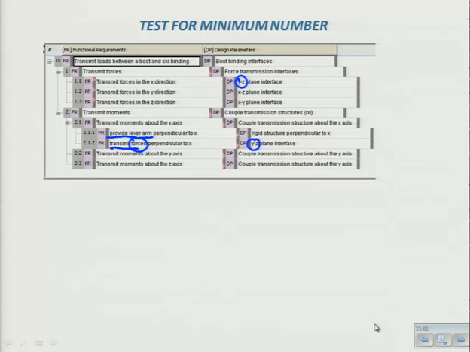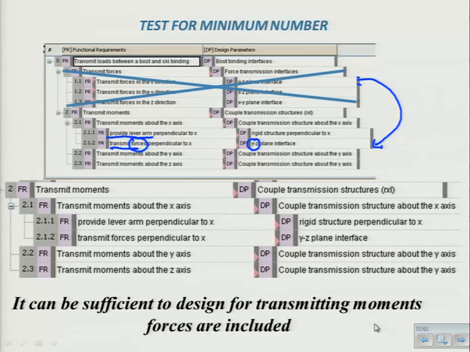But because the moments require a lever arm and a force transmission, this seems redundant. So we have, as you can see here, the same DP. So did I really need those? Maybe I didn't. So in fact, in many kinds of problems like this, unless there's a large force without a moment, the structures to transmit the moments may be sufficient to also transmit the forces.